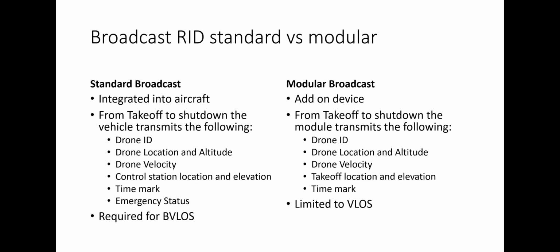Okay. There's a minus 1000 error code that represents several different conditions there. And there is also a specific emergency status that you can broadcast that says I've lost my control link, my C2 link.